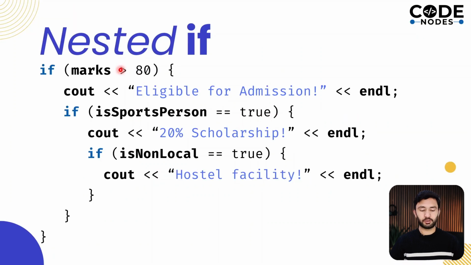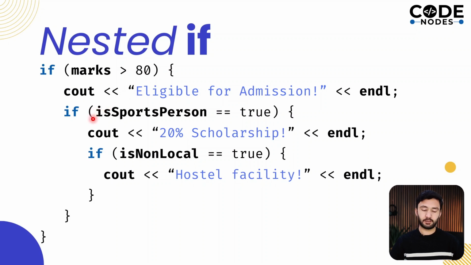Lastly, we are going to see nested if. Nested if is where we use an if condition inside another if condition, and we are using this nesting structure, inside if and this is also inside if, like we are using condition within condition. So in this example, if your marks are greater than 50, then obviously you are eligible for admission.